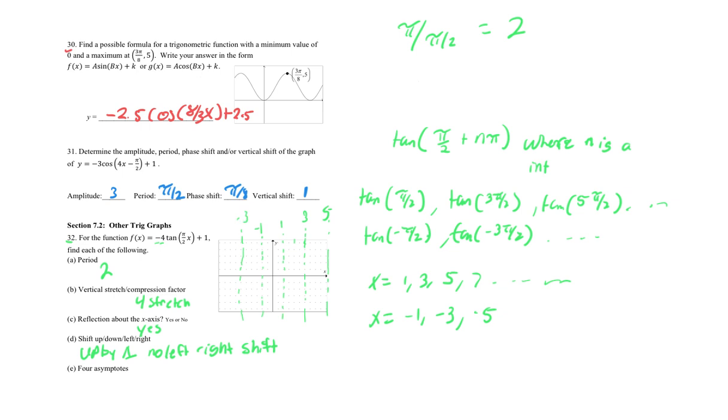So at -3, also at -5. We flipped it and we've had a nice stretch. So we should go through something along these points right here.